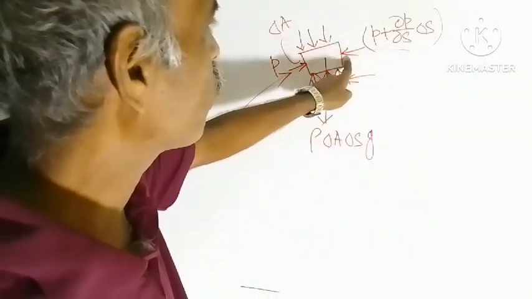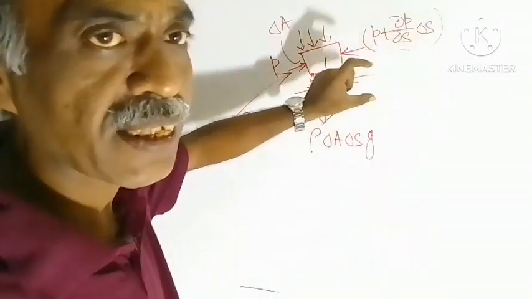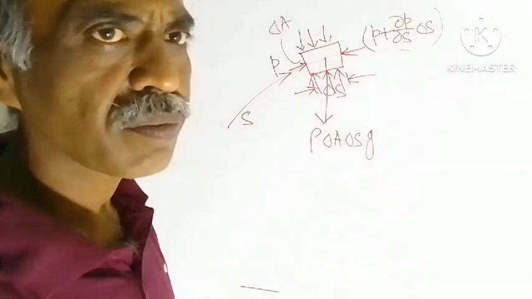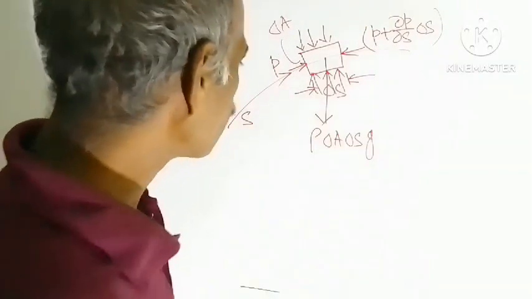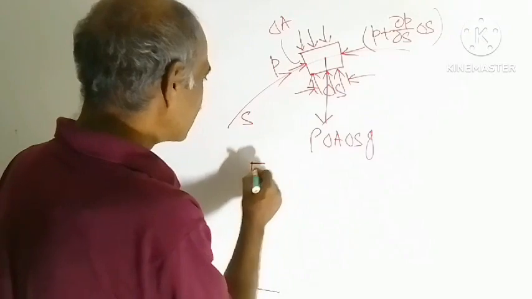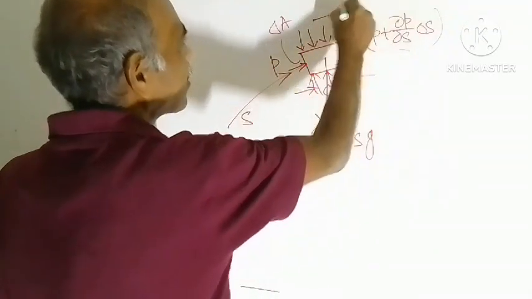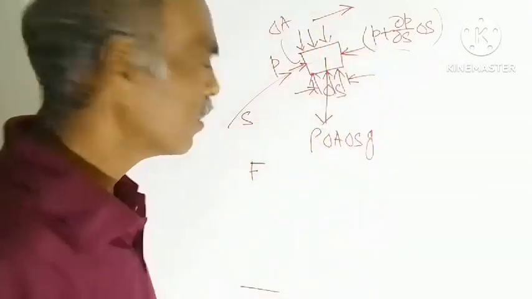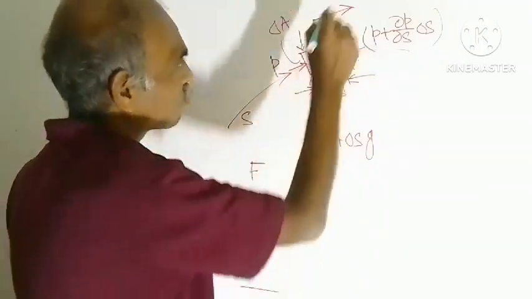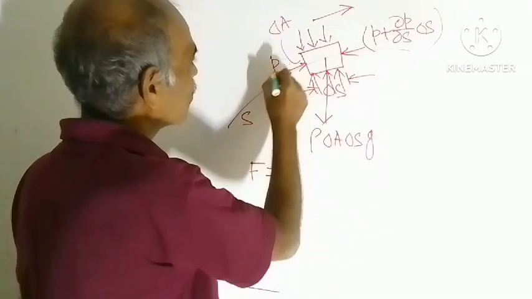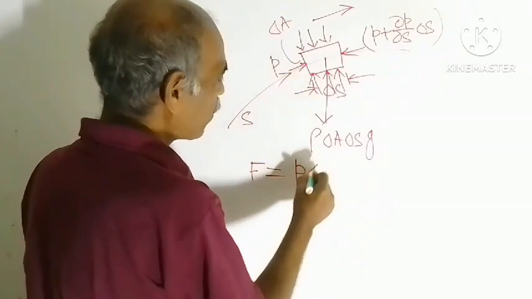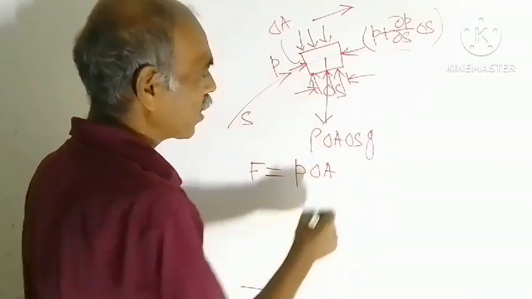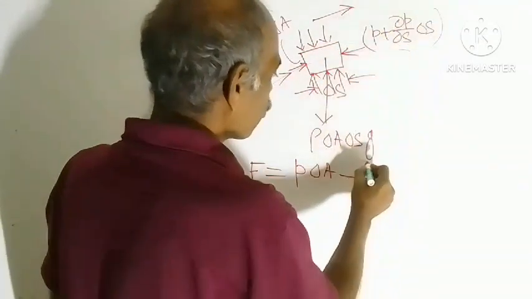Here how much is the force? This pressure multiplied by the area delta A. Therefore, what is the resultant force in this direction? This direction is parallel to the axis of the cylinder. So net force along that direction is equal to how much? This P multiplied by delta A, minus effect of this force.